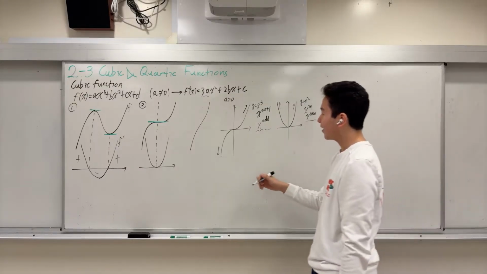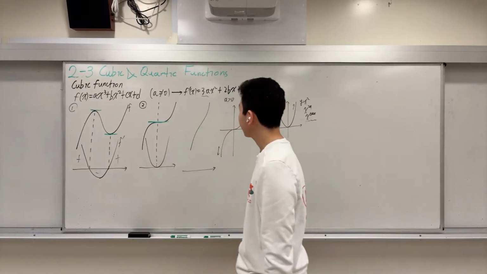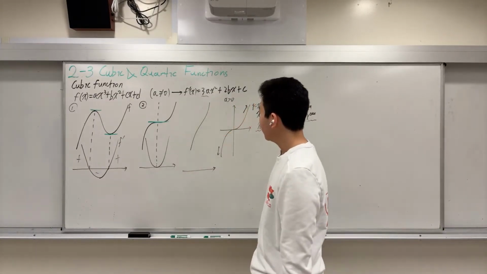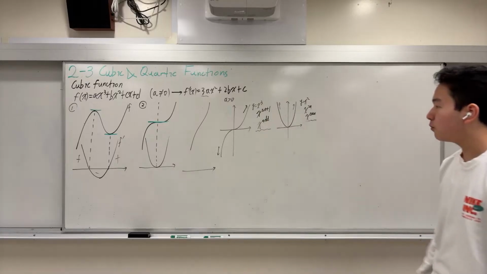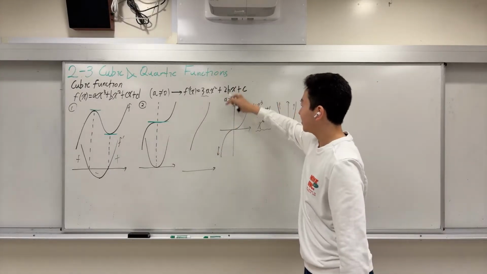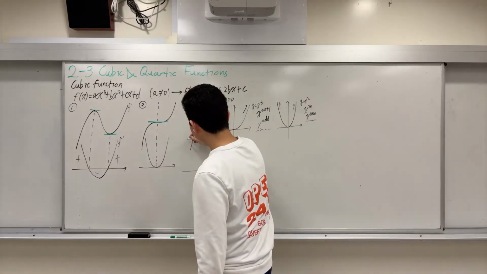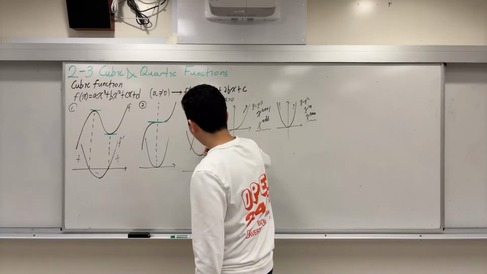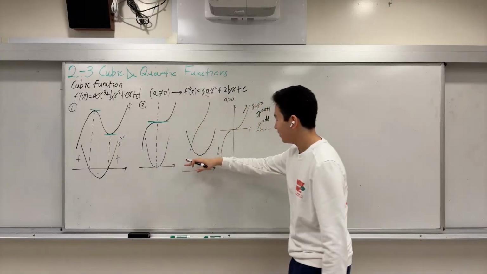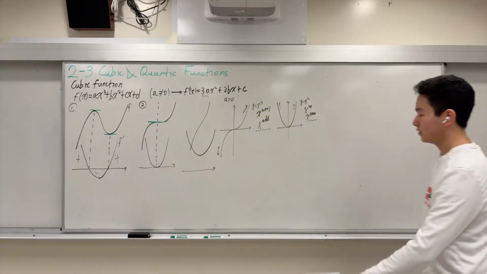Okay, how about the final cubic function? This cubic function does not have any single point where the derivative is 0. It just goes up like that, which means that the parabola cannot be touching the x-axis at any point. So it's a concave up parabola, so it has to be above the x-axis.